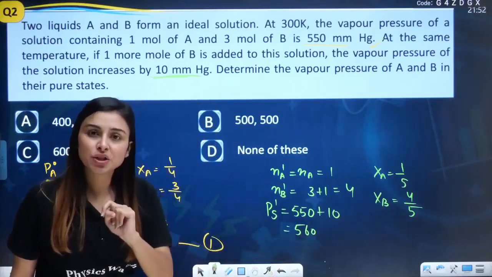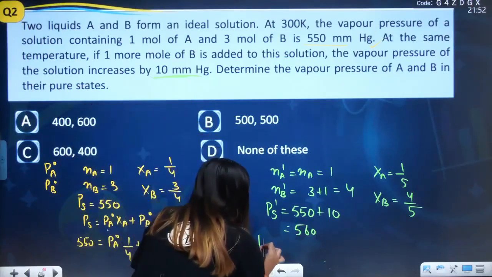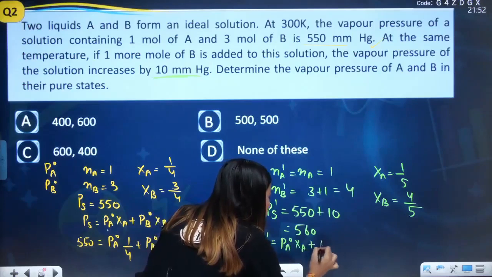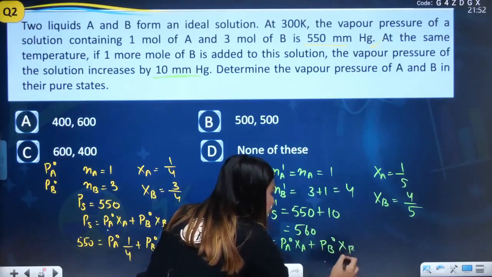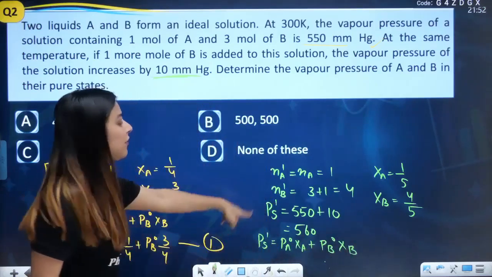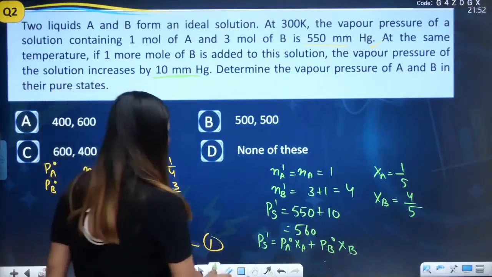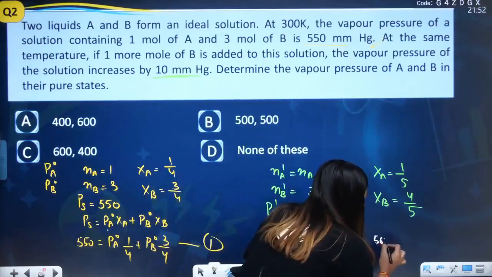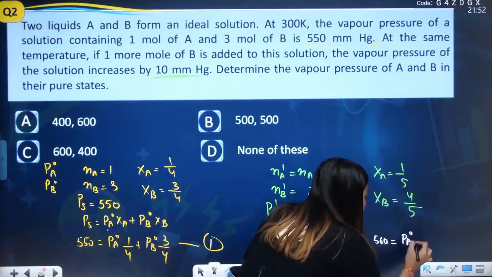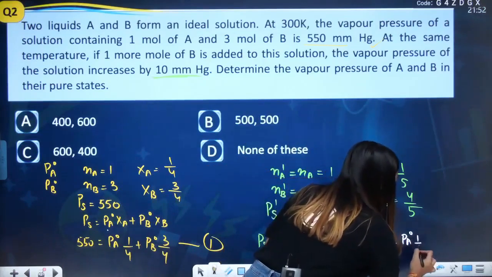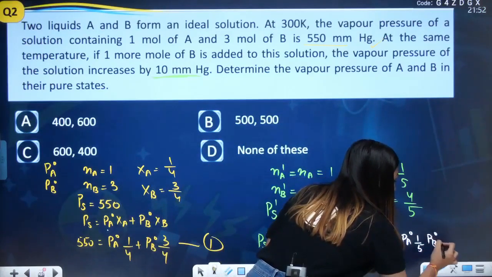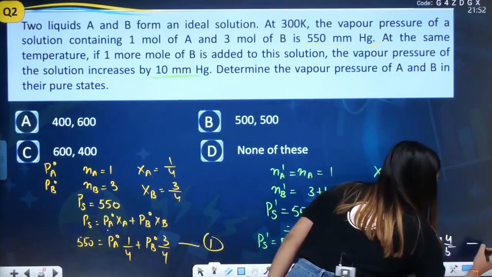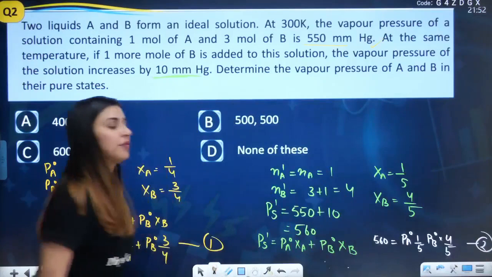So according to Raoult's law, PS dash will be equal to PA naught XA plus PB naught XB. Now put the values into this expression. 560 is equal to PA naught into 1/5 plus PB naught into 4/5 this time. So this is your second equation and this is your first equation.